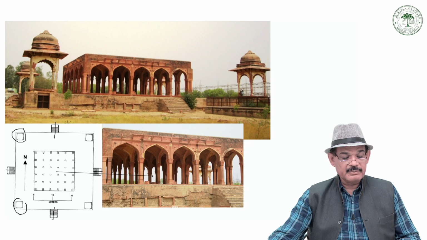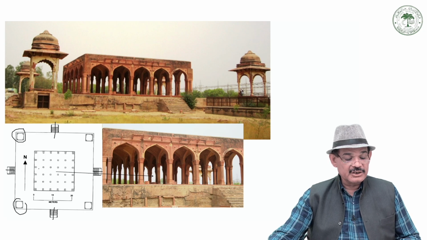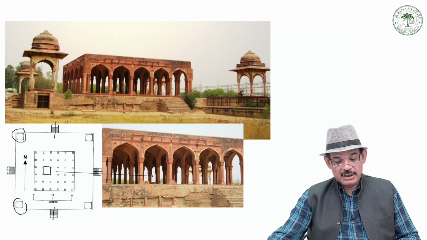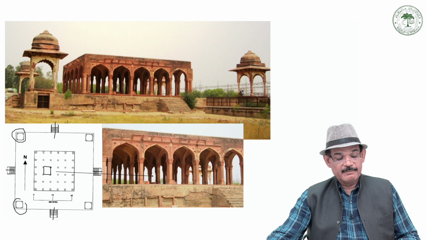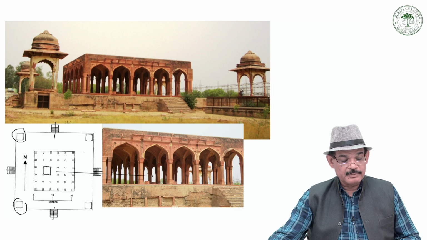In the center, we have a pillared pavilion, composing a chahar thak, where a square area is enclosed by four arches, and in this way this structure has 25 chahar thak, 25 square bays.